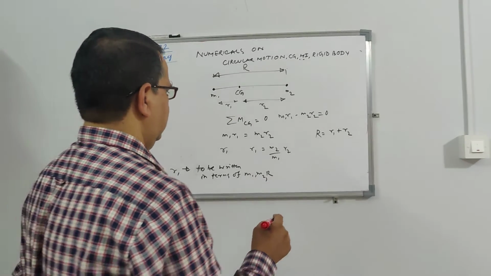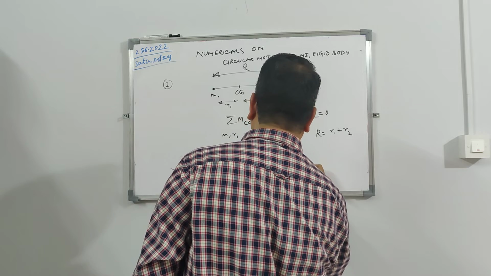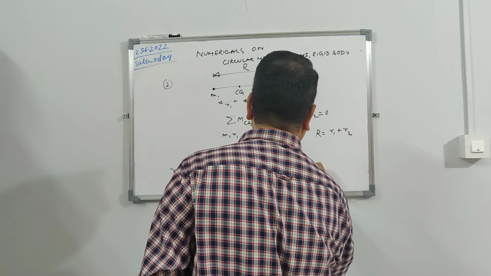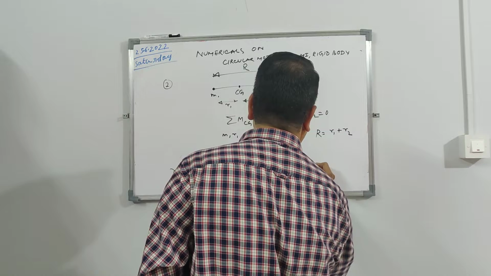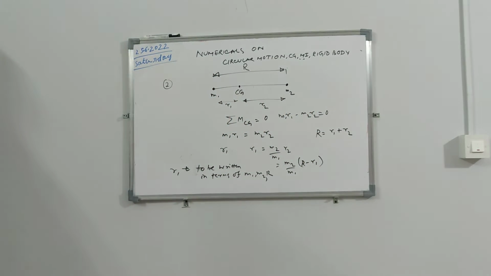Then R1 you can take this side. So M2 by M1 then into capital R minus R1, but again you are ending up with R1, no? But you cannot do that.